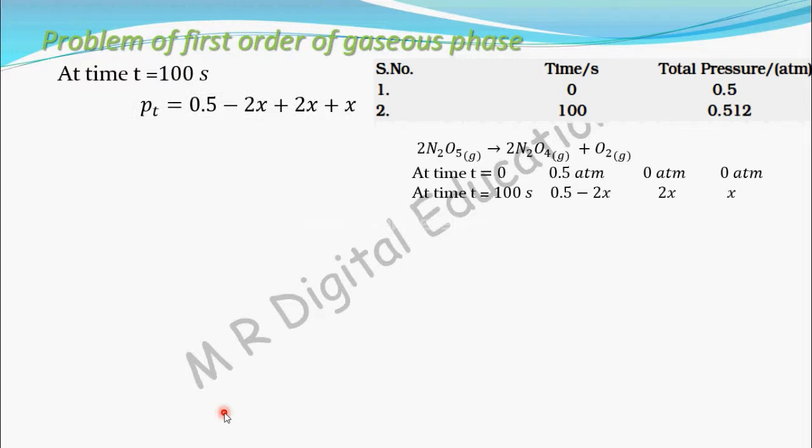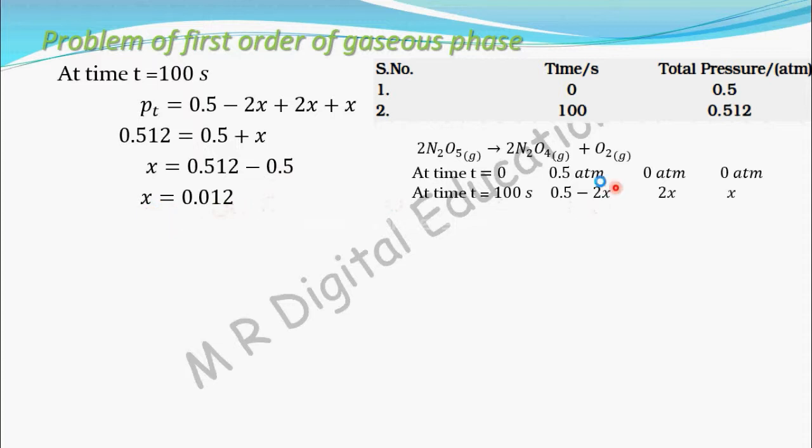So at t equal to 100 seconds, total pressure equals 0.5 minus 2x plus 2x plus x. He has given total pressure as 0.512. So 0.512 equals, 2x will get cancelled, 0.5 plus x. So x equals 0.512 minus 0.5, that equals 0.012. Now you got the x value as 0.012.